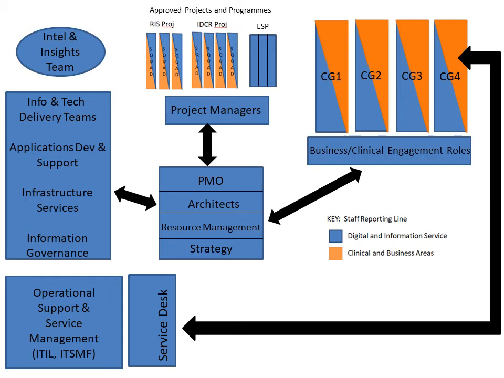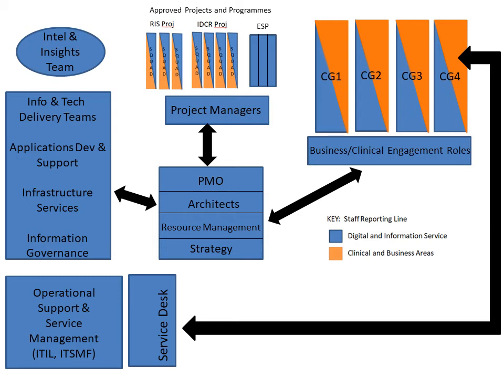You'll see there's also an architecture function. Maybe that'll be one person to start with, or two people. But the idea is that we have solution architects who can help to join up technology solutions. What is the best fit with our IT strategy and direction? Also, what is the best fit with the business strategy and direction?